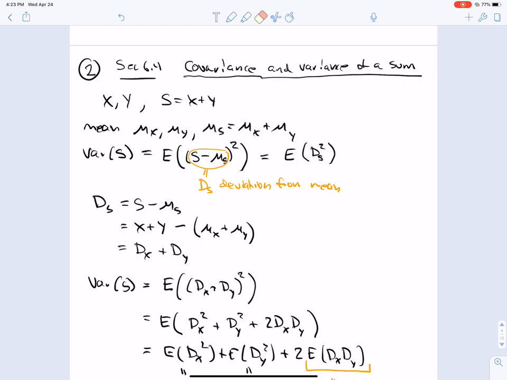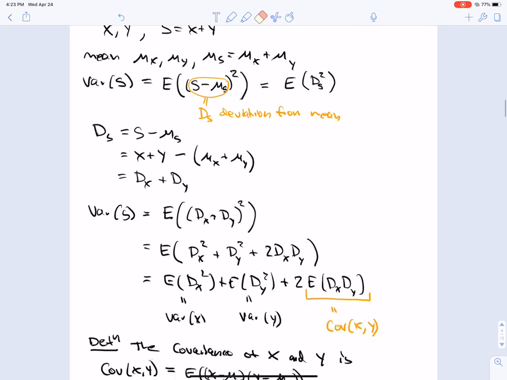That's just the definition of variance. dS is the deviation from the mean. And so dS is S minus mu S, which you can also write as dX plus dY. So the variance of S is the expectation of (dX plus dY) quantity squared.